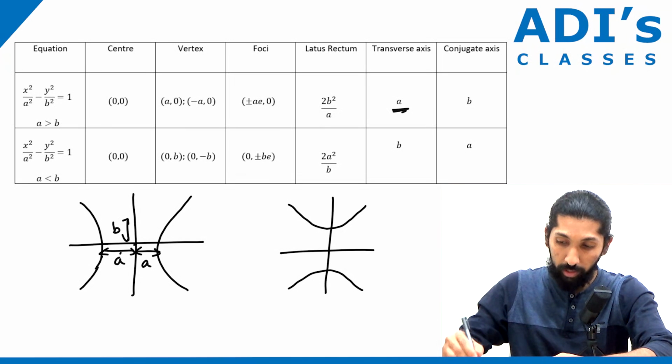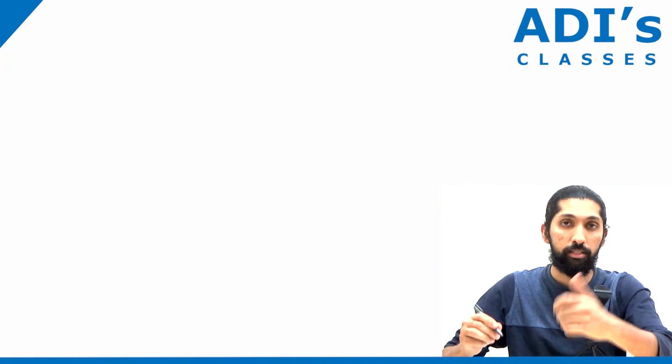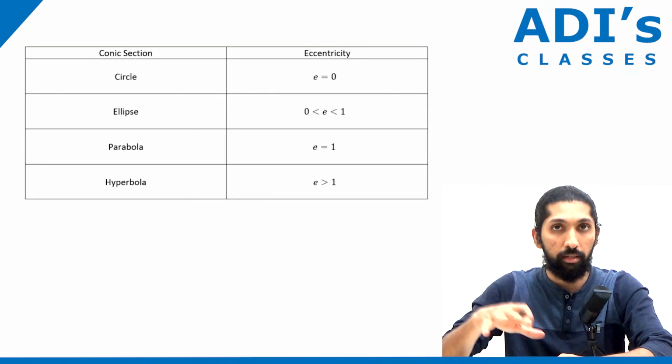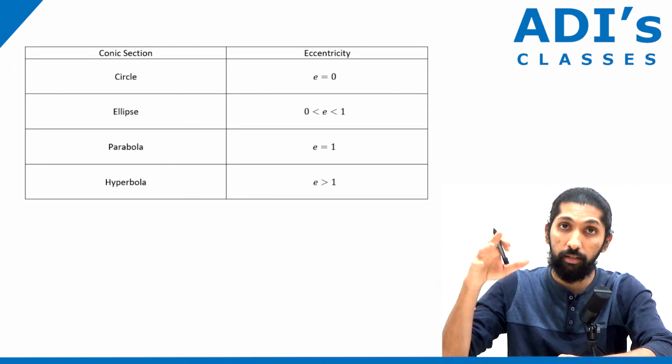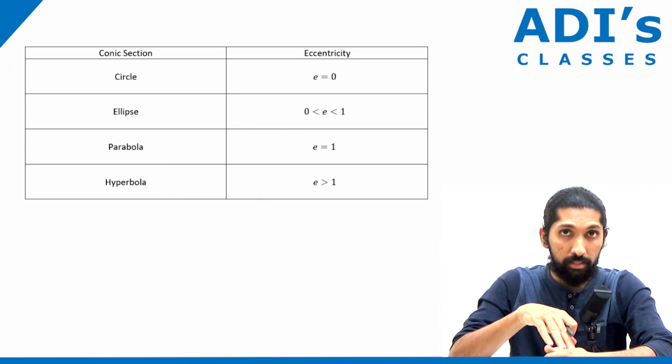But there is one very, very important thing which defines a conic section, that is eccentricity. For every particular conic section, there is a particular eccentricity. Now what is eccentricity?